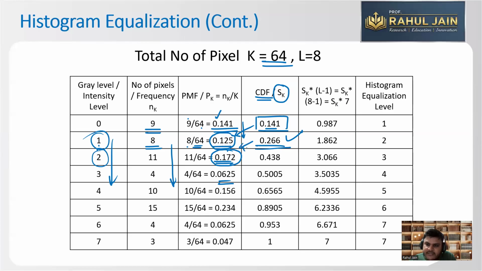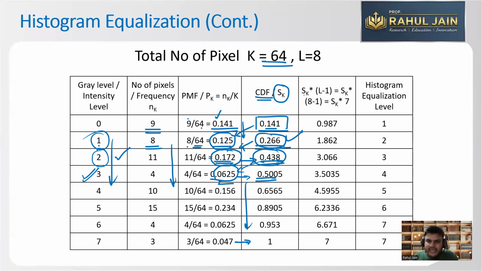Add the cumulative sum of the previous value, 0.266, to 0.172, and we get 0.438. This is the CDF value of intensity level 2. For intensity level 3, we add this value to 0.0625, and so on. Similarly, when we keep adding the previous CDF value to the current PMF, we get the CDF value of that intensity level, right? All these things we have already discussed in the previous lecture.